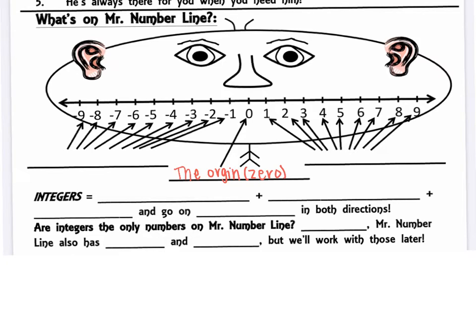Then when we move over to the right-hand side, which is the number line that we're used to, we have positive whole numbers. Notice that there's not a sign in front of each of the numbers. You could put a positive sign in front, but if there's not a sign in front, you can assume it's positive. On the left-hand side of the origin, we've got negative whole numbers.